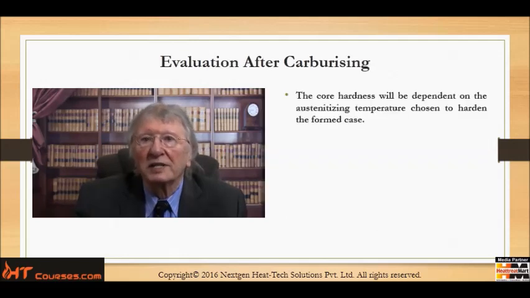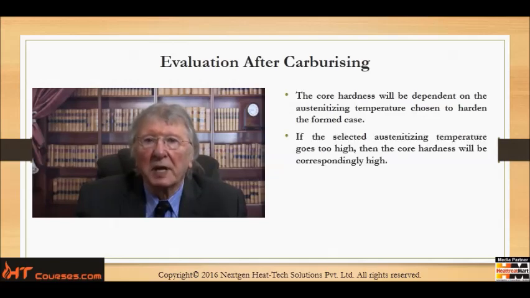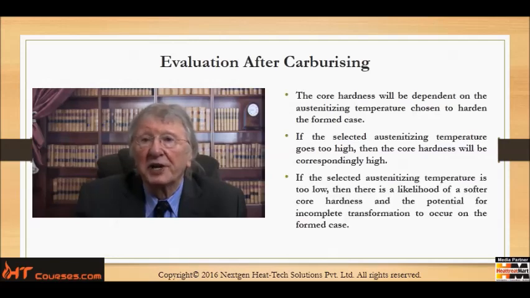The core hardness will be dependent on the austenitizing temperature chosen to harden the formed case. If the selected austenitizing temperature goes too high, then the core hardness will be correspondingly high. If the selected austenitizing temperature is too low, then there is a likelihood of a softer core hardness and a potential for incomplete transformation to occur on the formed case.